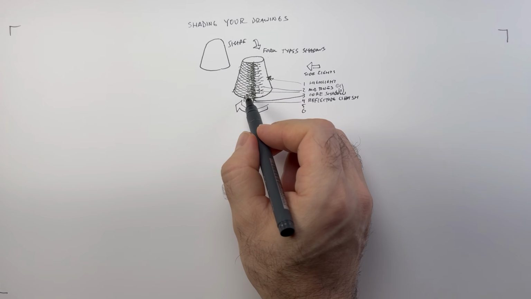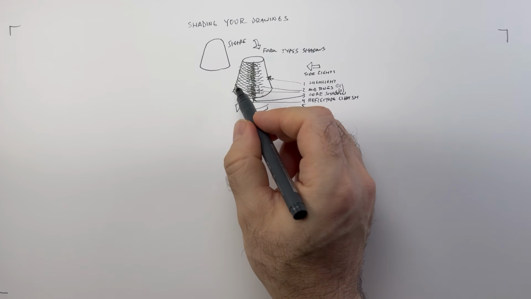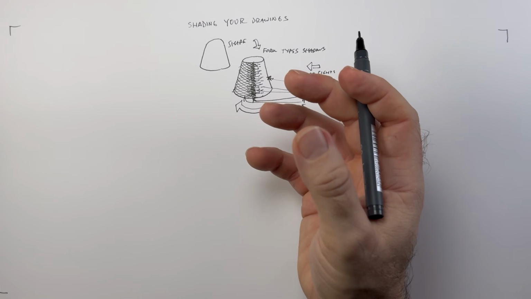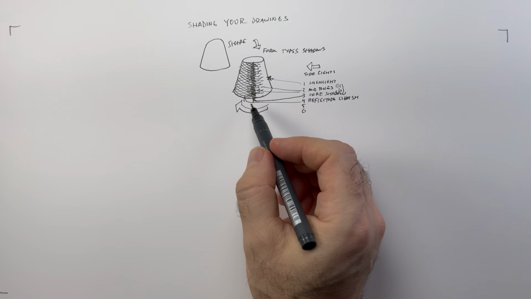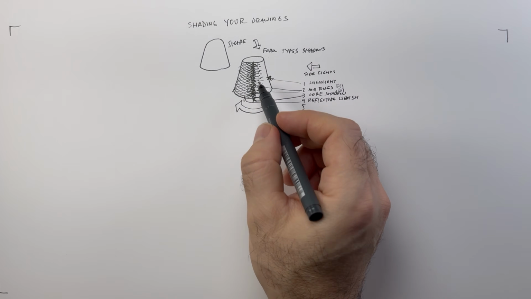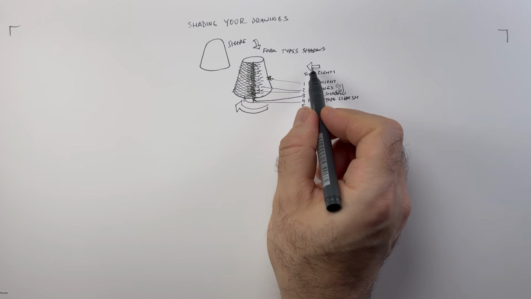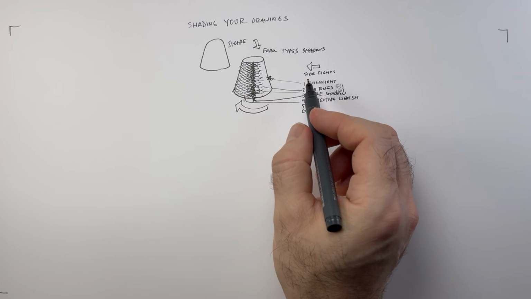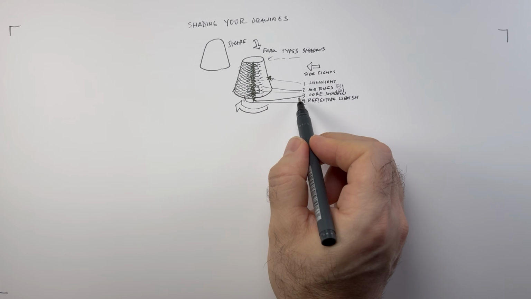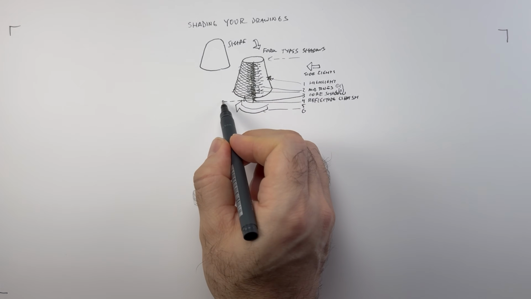So this is very important because this gives the illusion of building that 3D form with this shape that we have. Then, of course, if the light is going sideways, we just want to go in the direction of the light.